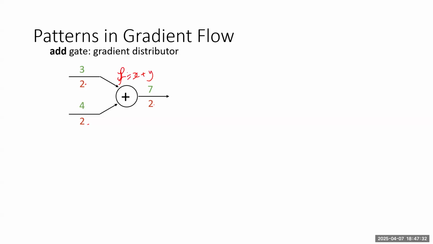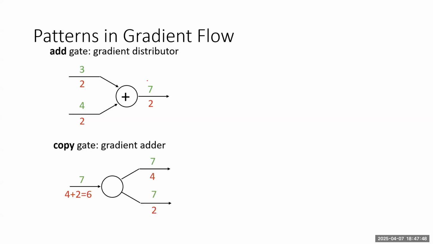So the derivative with respect to each input is 1, and 1 times this equals this. So the addition node just distributes the gradient. For the forking node, or what we are calling the copy gate, we are adding the derivatives.